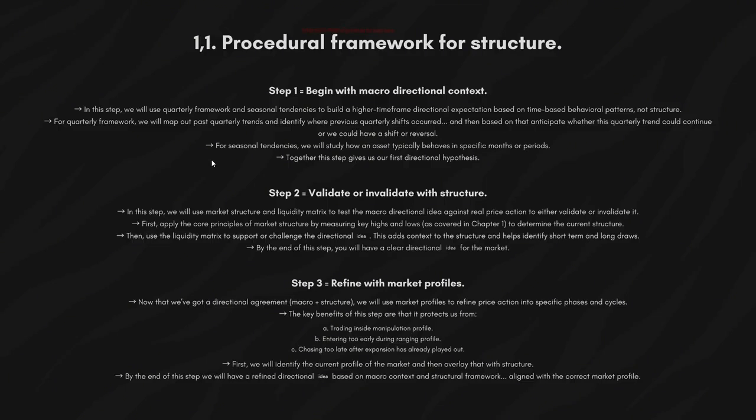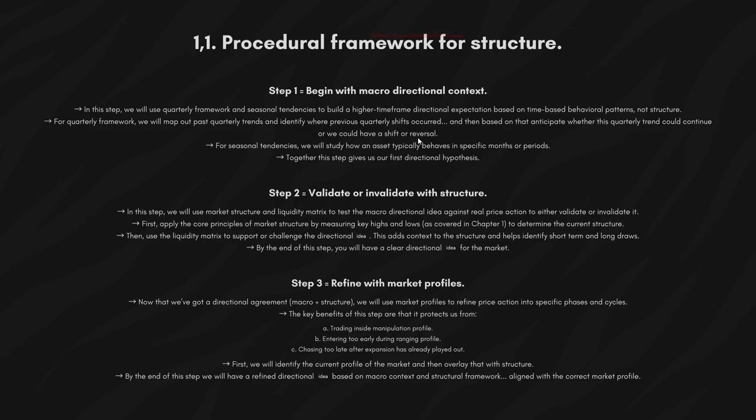Okay, so with the quarterly framework, what we are going to do is map out the past quarterly trends or the past quarterly shifts and see where we had a major quarterly shift happen historically, and then ask ourselves whether based on that we are likely going to continue this trend that we are in, or are we setting up for a quarterly shift or a quarterly reversal.